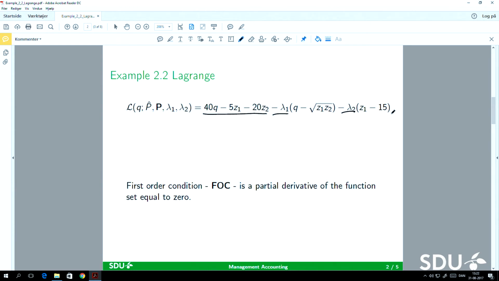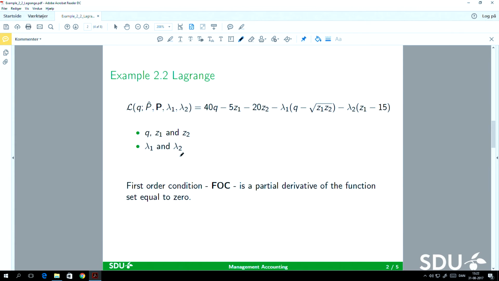What we're going to do with this function is differentiate it with respect to all our 5 choice variables. Our original choice variables are Q1, C1 and C2, but we're also going to treat the Lagrange multipliers, lambda 1 and lambda 2, as choice variables.